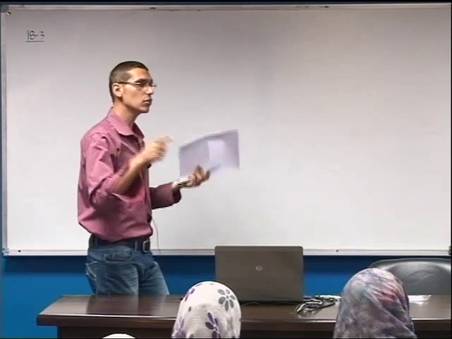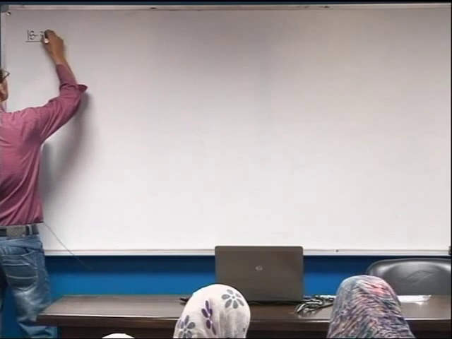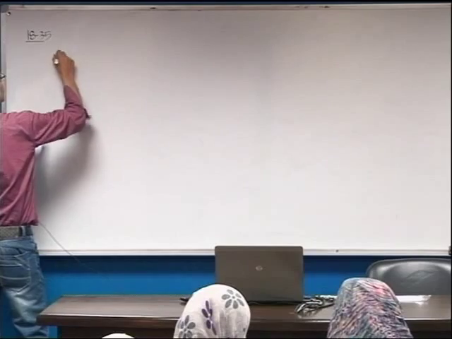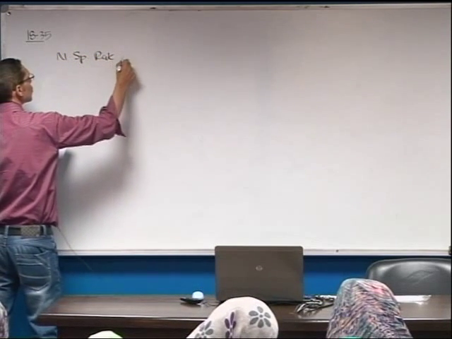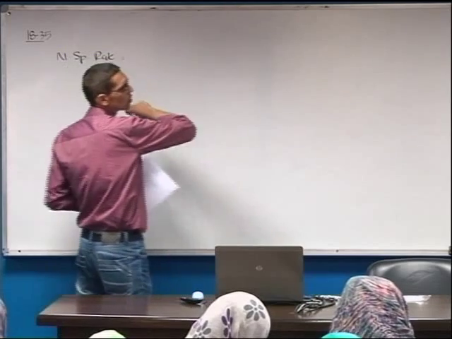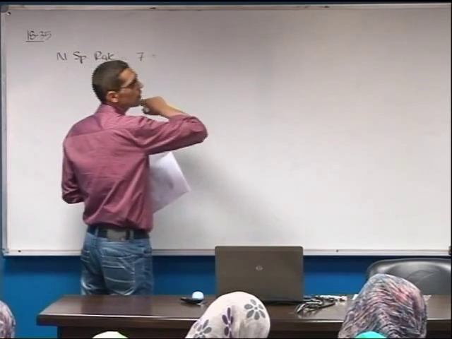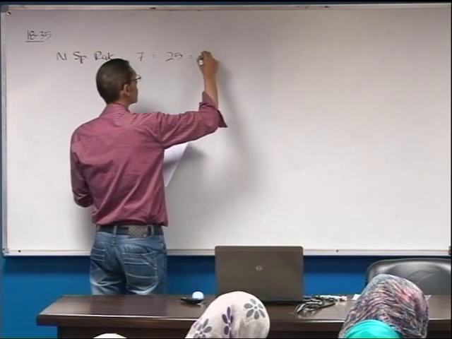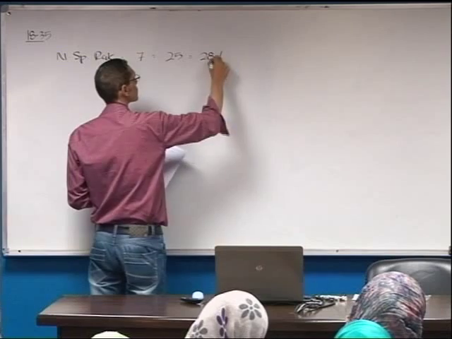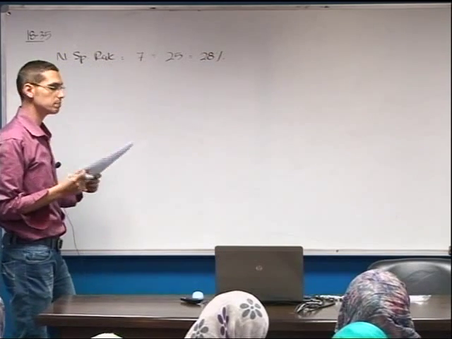Therefore, the normal spoilage rate equals 7 units divided by 25 units, which equals 28%. This is the normal spoilage percentage.